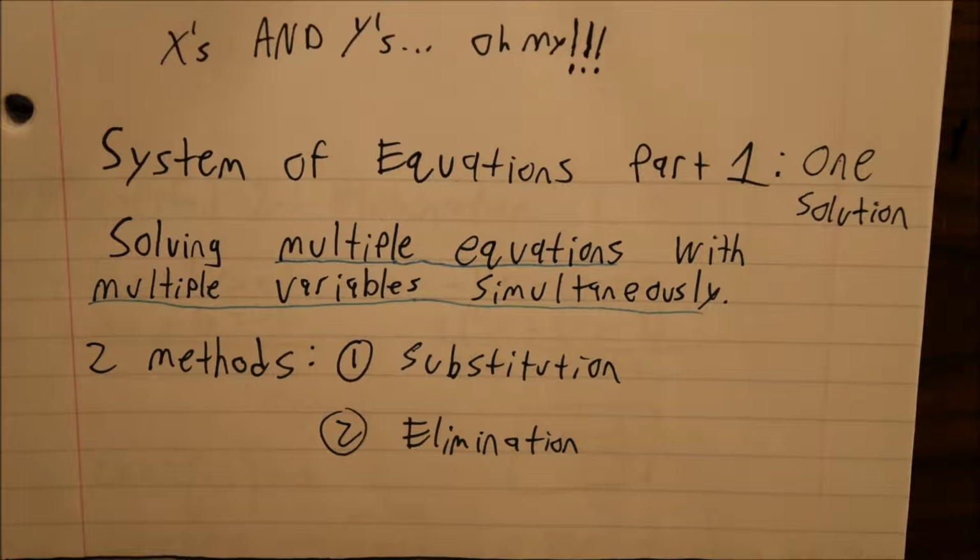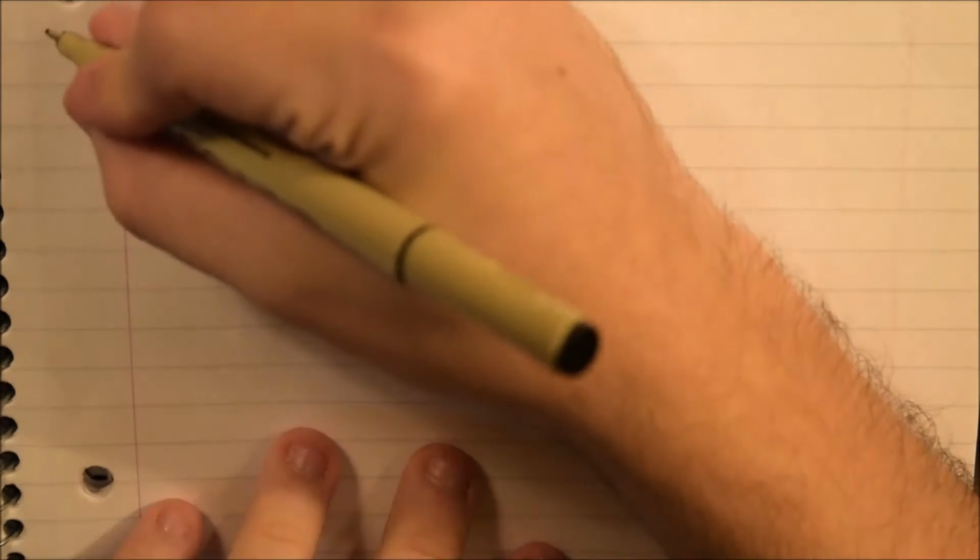We have a few equations, a few variables, and we want to solve them. There are two methods I'm going to talk about in this video: the first is substitution, and the second is elimination. As I do these problems, I'll explain why it's easier to use one method compared to the other, and how to solve the system, and I'll emphasize that we do in fact get one solution for these problems. So here is an example of method one.